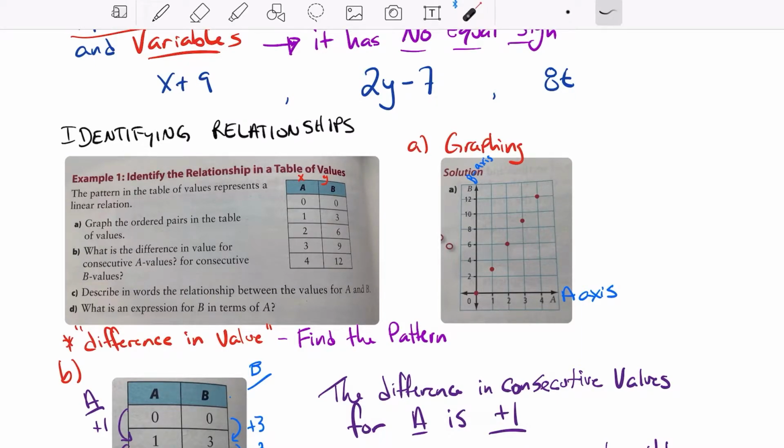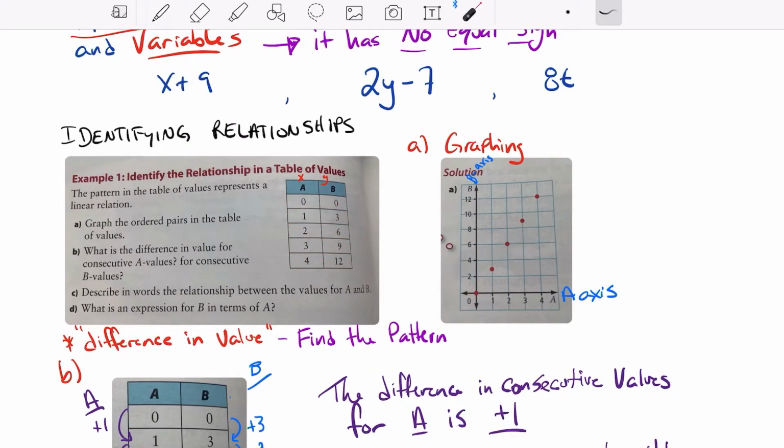Remember that the first part of the table is the x value, and the second part is the y value. The x-axis goes on the bottom, the y-axis goes up the side, and these are coordinates. So you'll notice 0, 0 is here, 1 and 3 is here, 2 and 6 is here, 3 and 9 is here, and 4 and 12 is here, making a linear graph.